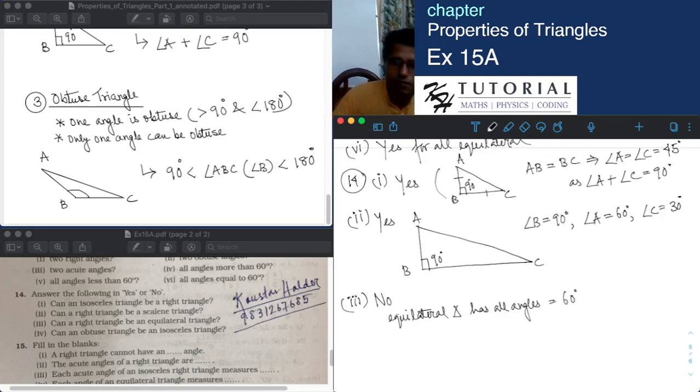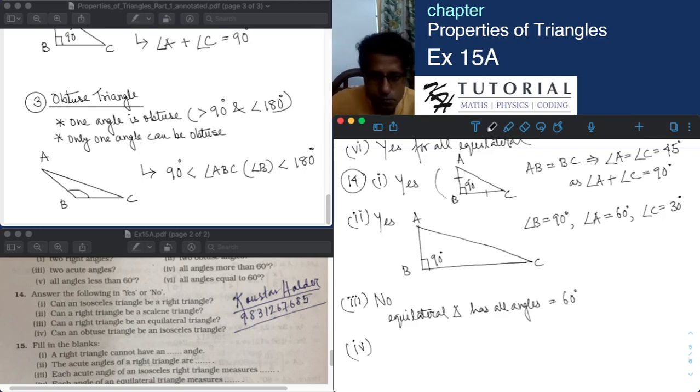So it cannot have an angle which is 90 degree. So a right triangle where one angle is 90 degree cannot have the other two angles also 90 degree, because we know that a triangle can have at most one right angle. So this is no.